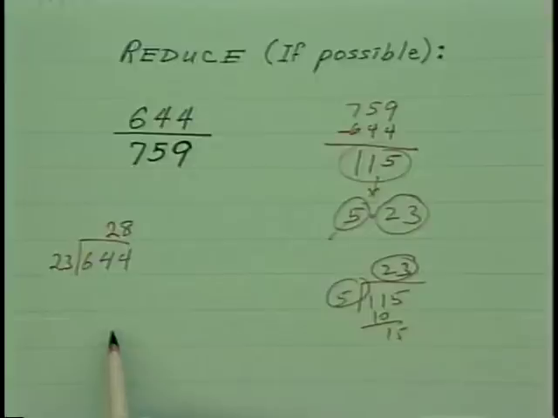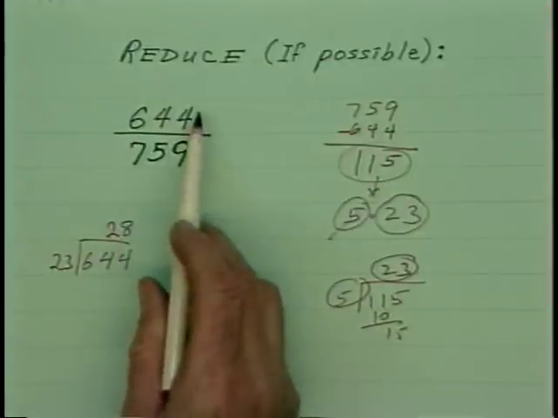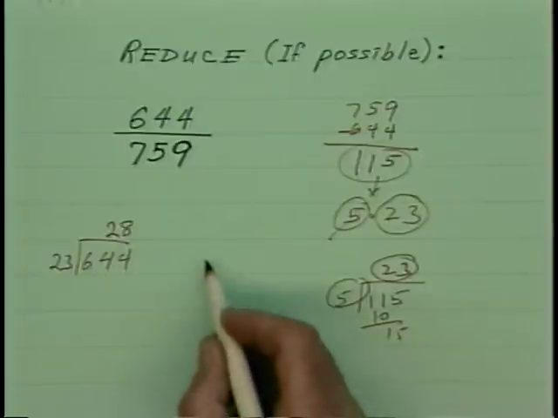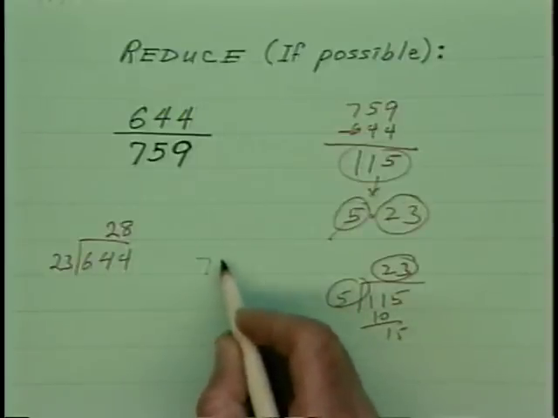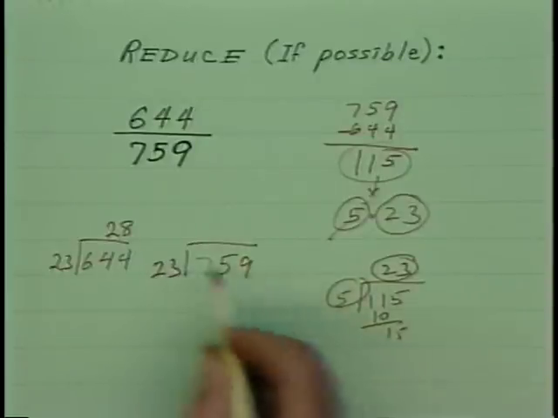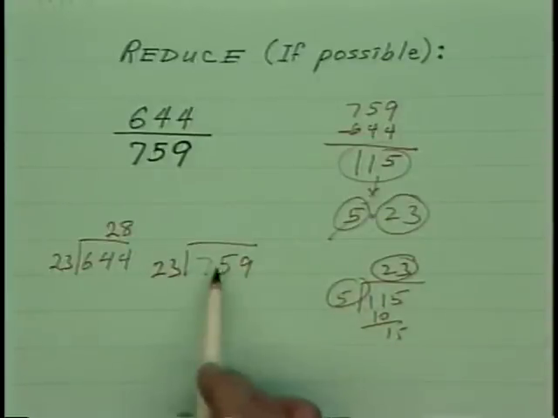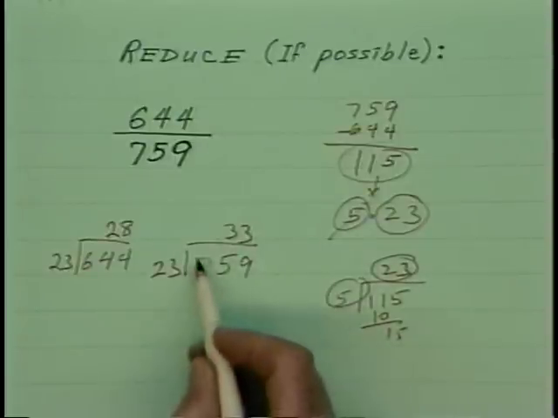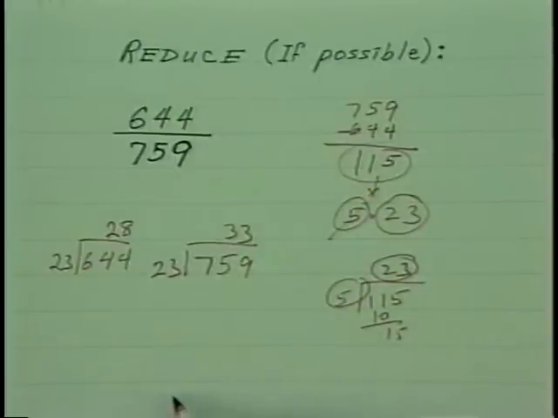I didn't show the work here. So 23 will divide into here. Now if it divides in here, then the fraction is reducible by 23. So we'll try 23 into this one, and if we do, it comes out 33. I've already done the work to save us time. You might want to check it.